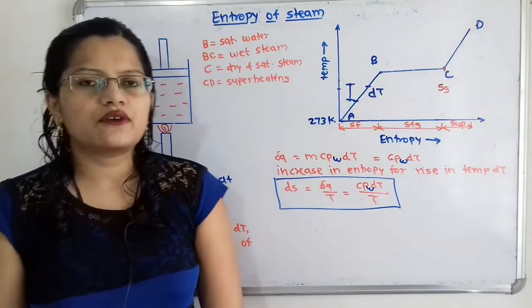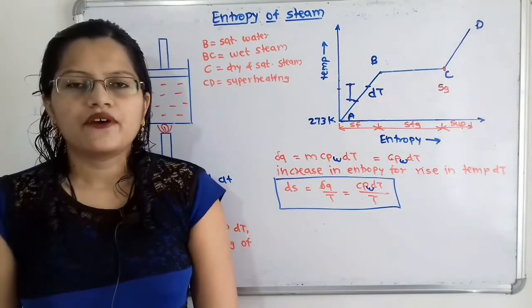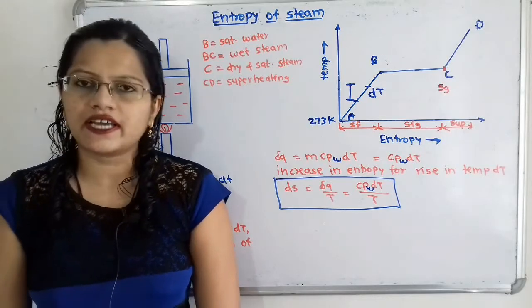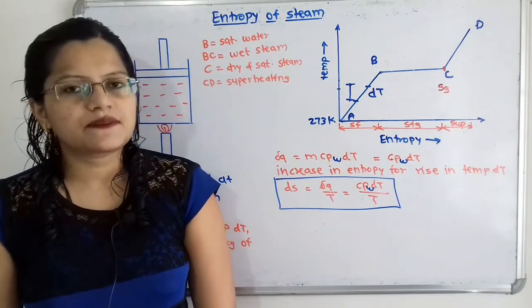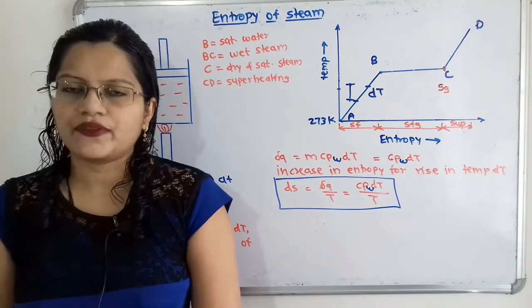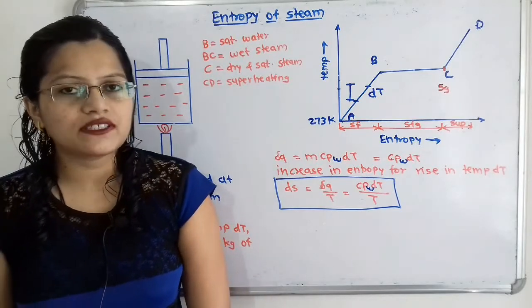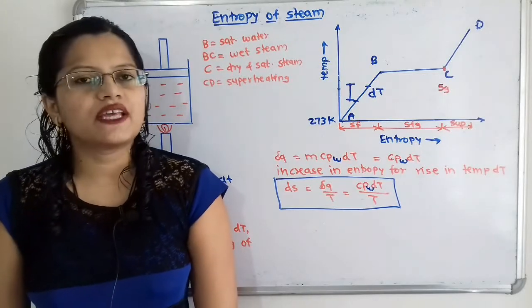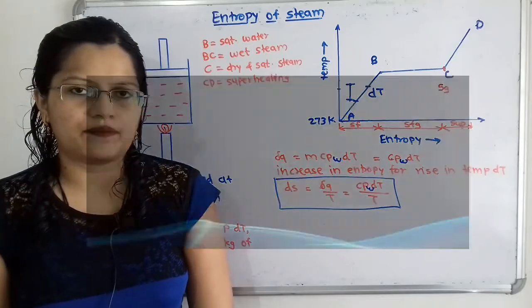Now we are going to solve the second problem, where the expansion process is taking place at constant enthalpy as well as at constant entropy. And we have to find out the change in enthalpy as well as the change in entropy with the help of the Mollier diagram.